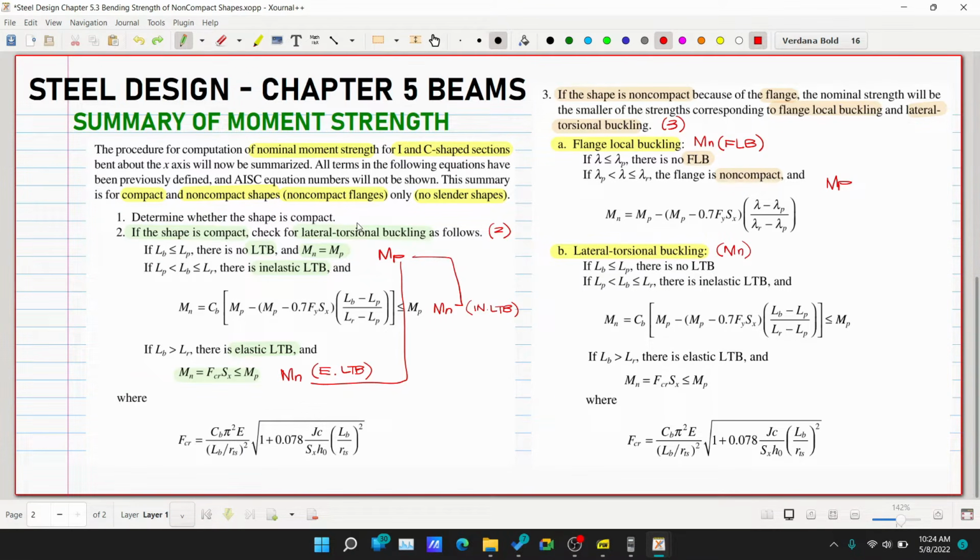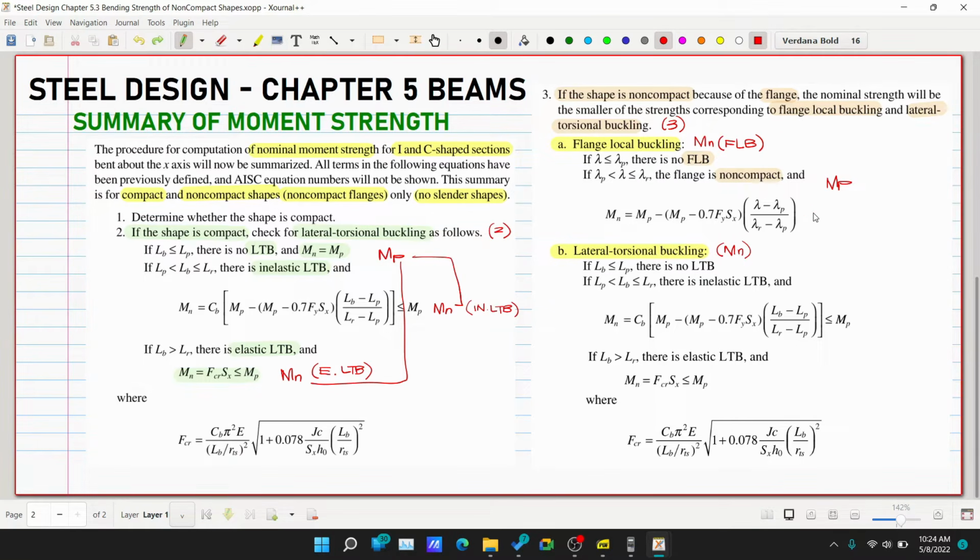Pero, kapag non-compact section na, kukuha tayo ng another strength from another condition ng ating beam. Since non-compact nga siya, possible kasi na mag-fail yung ating local element sa ating section. Kaya kailangan natin i-check yung strength niya in terms of flange local buckling. Kaya nakapag-solve tayo ng MN under dun sa condition na yun.